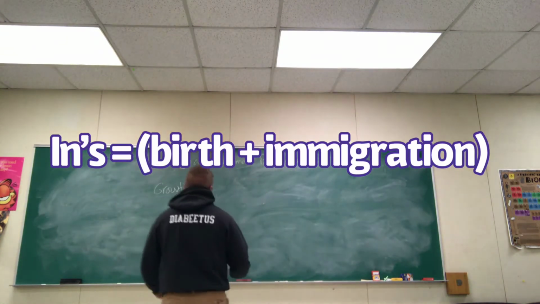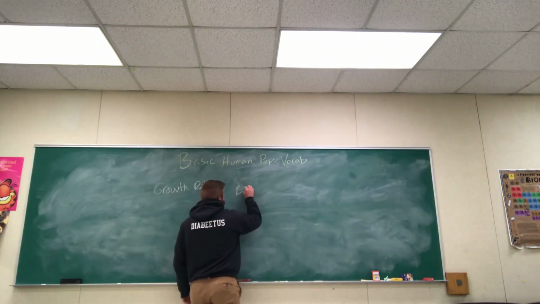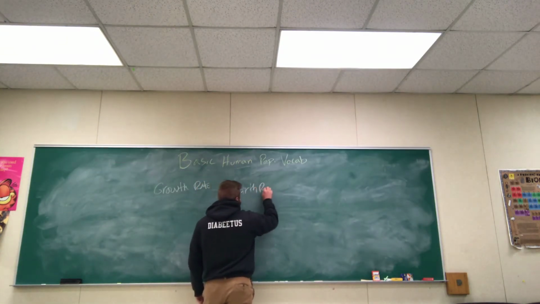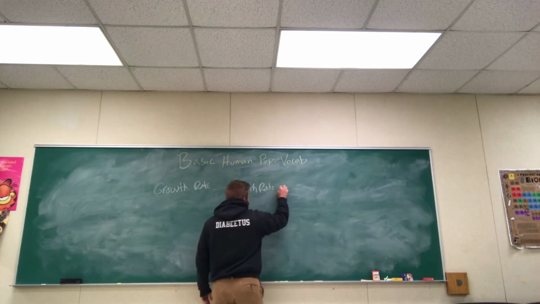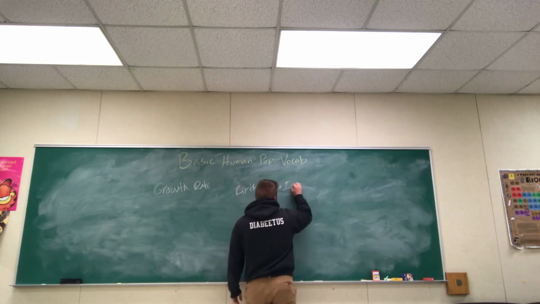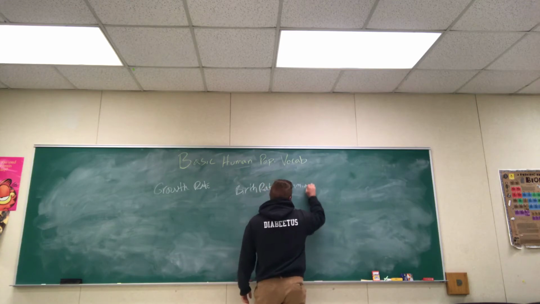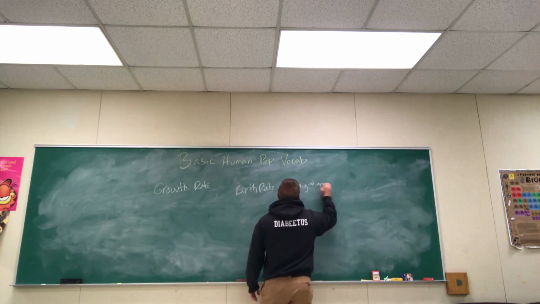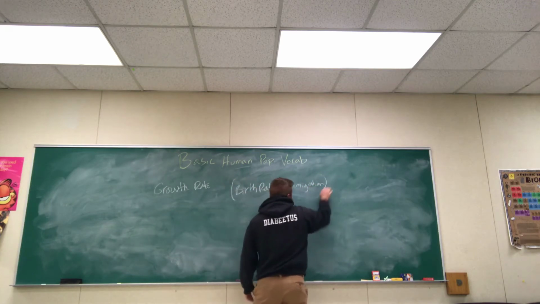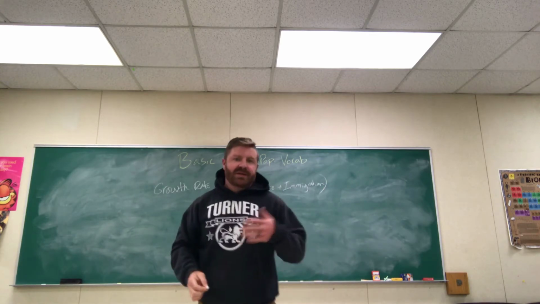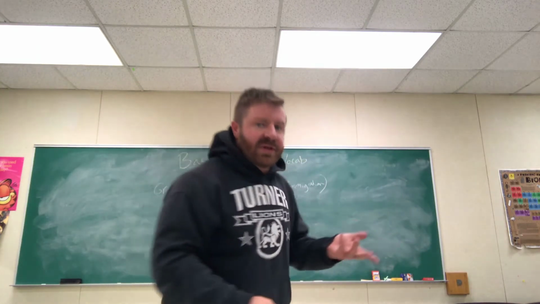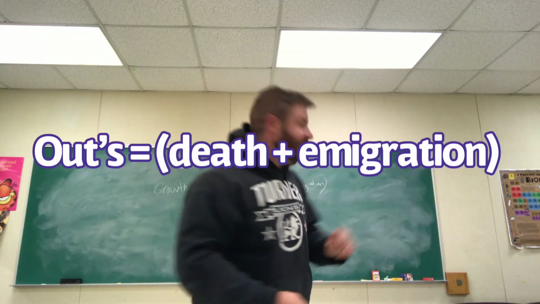Birth and immigration. That's in brackets. And then you have to subtract from that the outs. So that's going to be death and emigration, which is people leaving.